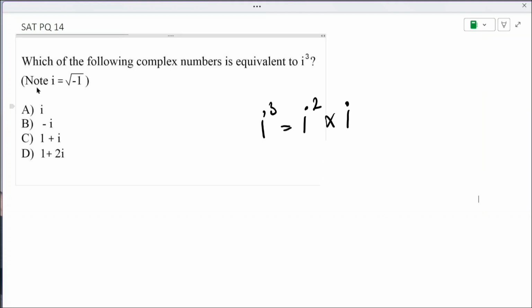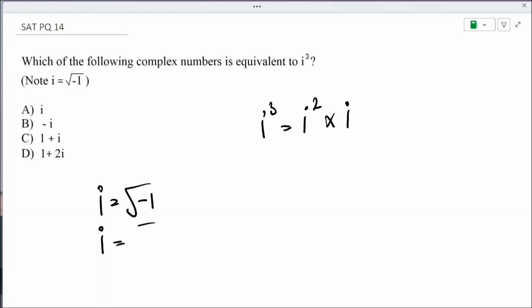The question says imaginary number i equals the square root of -1. Let's do this on the side. Imaginary number i equals the square root of -1. Let's write it again below. Imaginary number i equals the square root of -1. If you want to take it to the power of 2, that's i to the power of 2, you can square both sides.